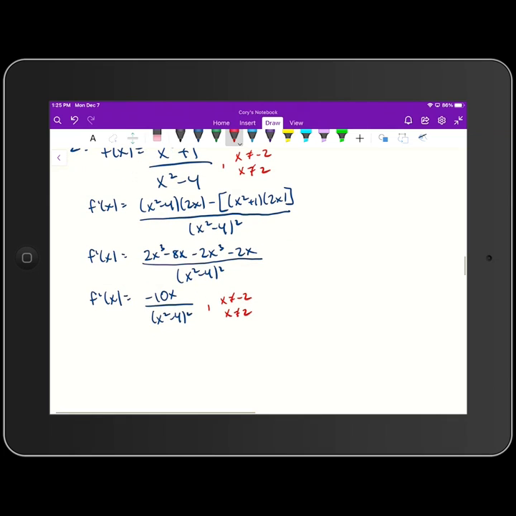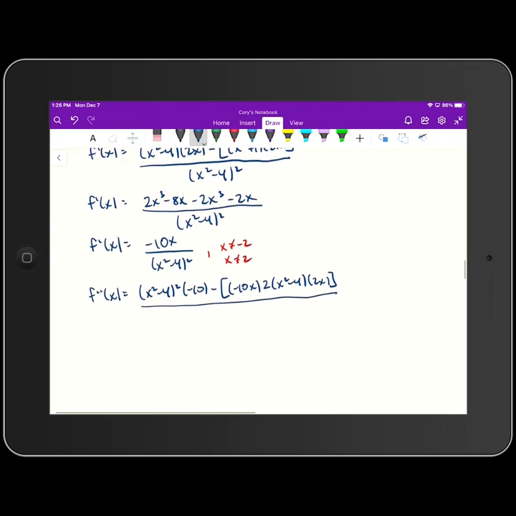Okay, so we're going to take the derivative of that to find f double prime. So that's going to be low d high, the derivative of the top function is negative 10, minus high d low, the derivative of the bottom function is 2 times x squared minus 4 times the derivative of the inner function 2x, just like we did in class.